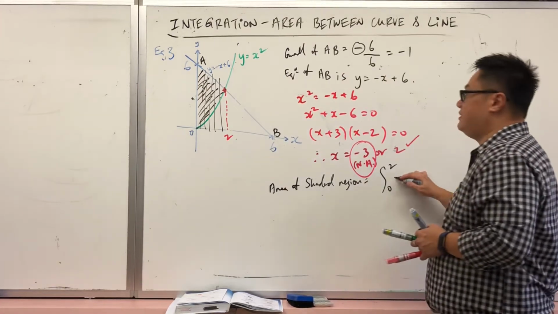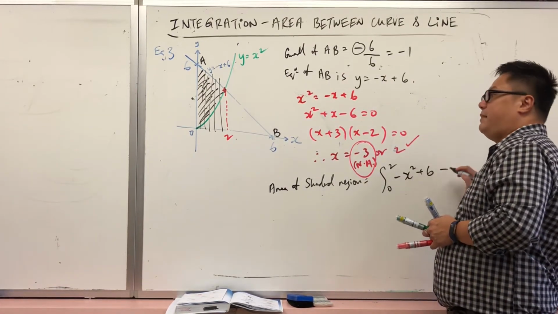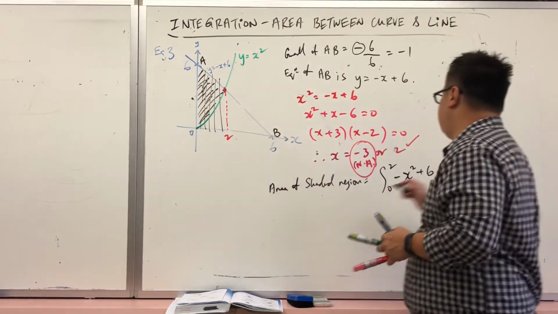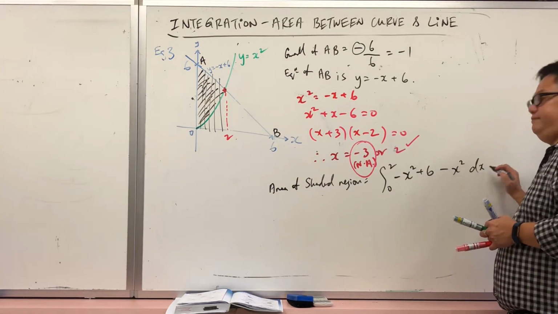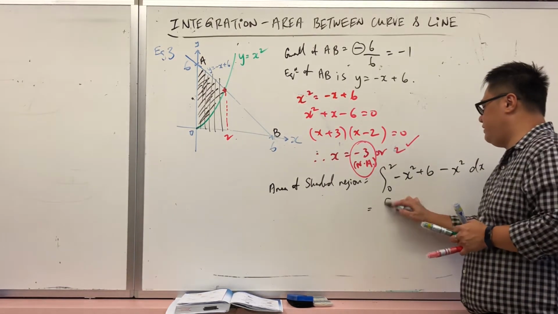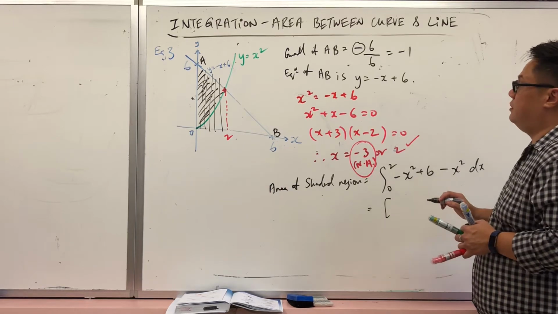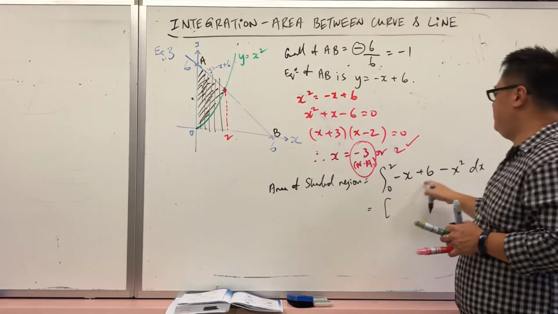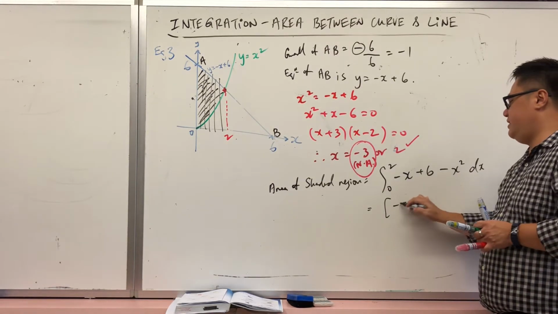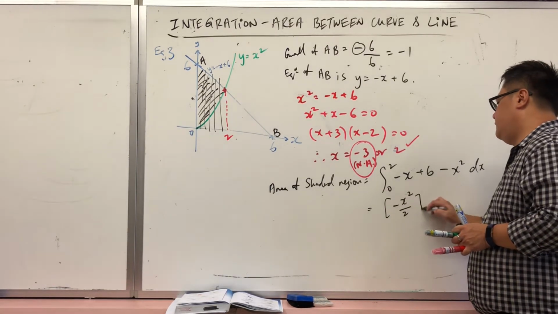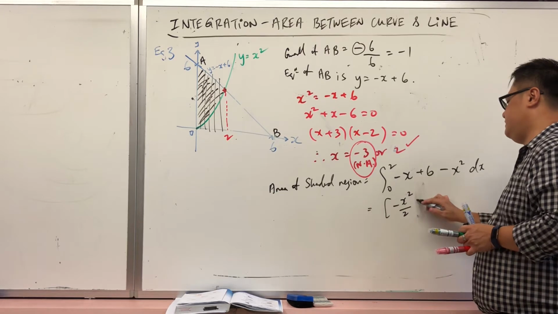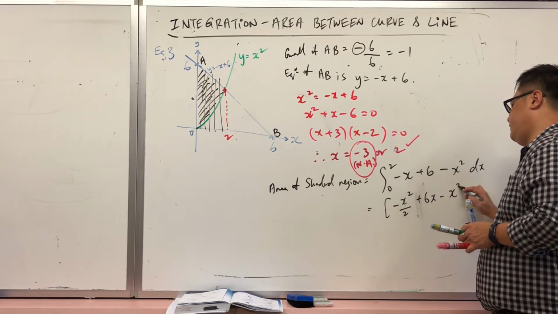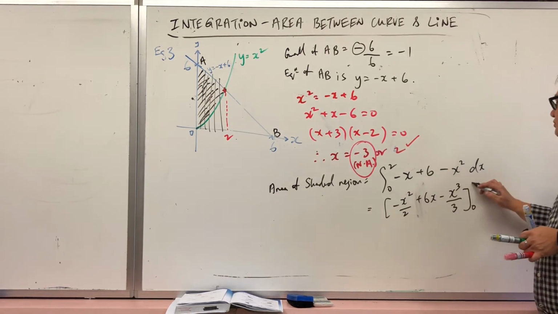So the integrand is the line, negative x plus 6, minus the curve, x squared, dx. This is minus x, not minus x squared: minus x plus 6, the line, minus the curve. So we integrate this accordingly: minus x squared over 2, plus 6x, minus x cubed over 3, bounded between 0 and 2.